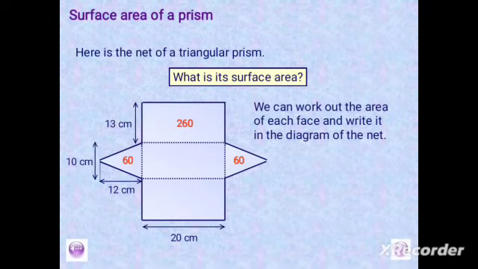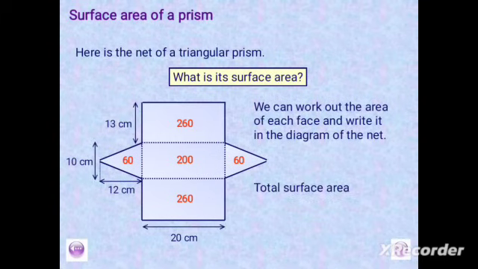If you calculate the area of the rectangular parts, you will get 260 square centimeters on each face, with the base being 200 square centimeters.